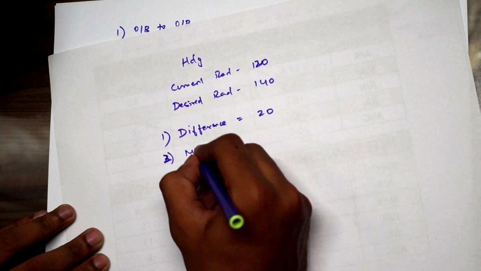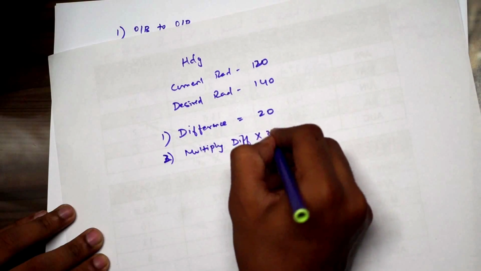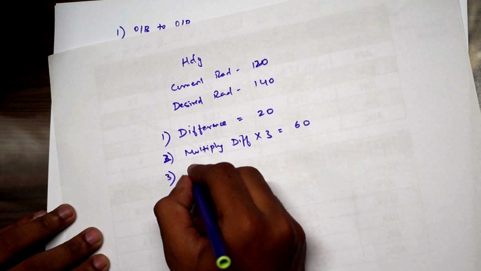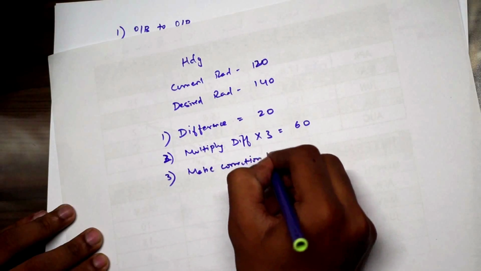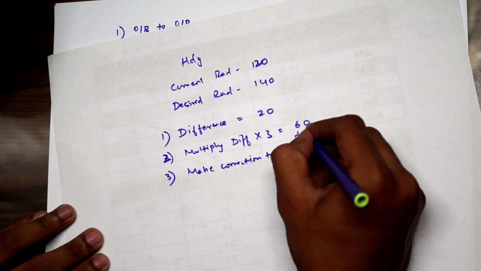Second step, multiply the difference by 3, which gives 60. Third step, make correction to the desired course.